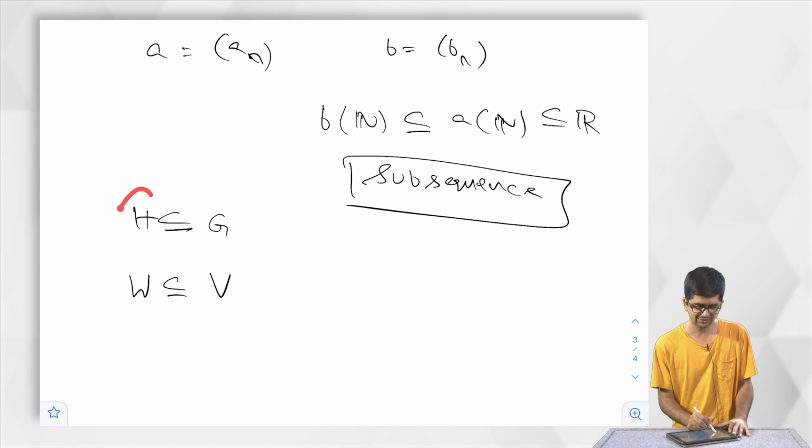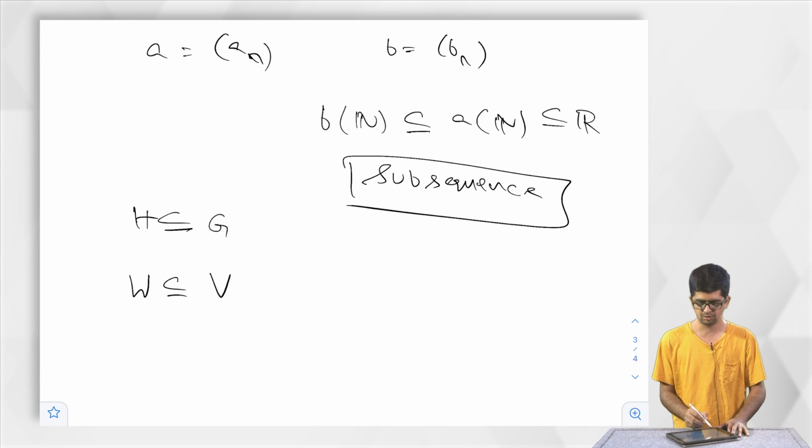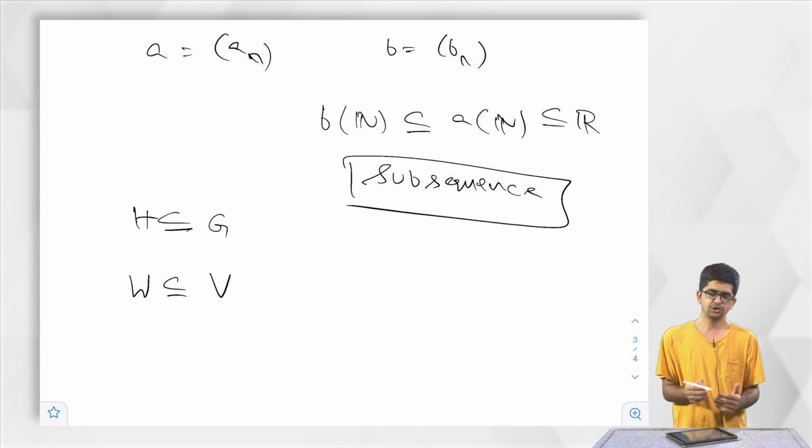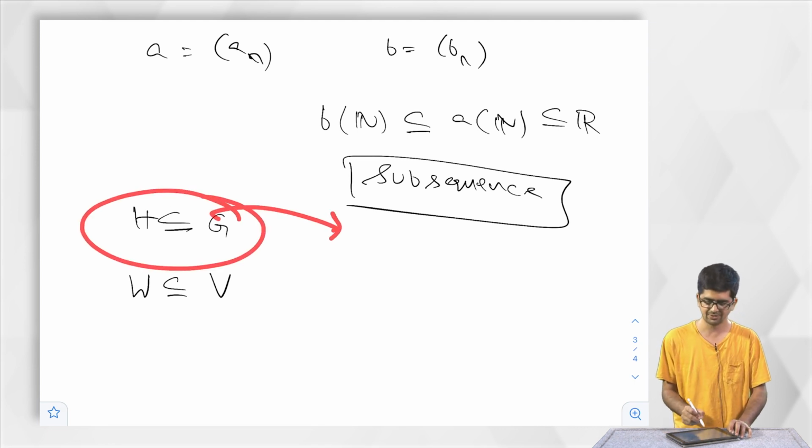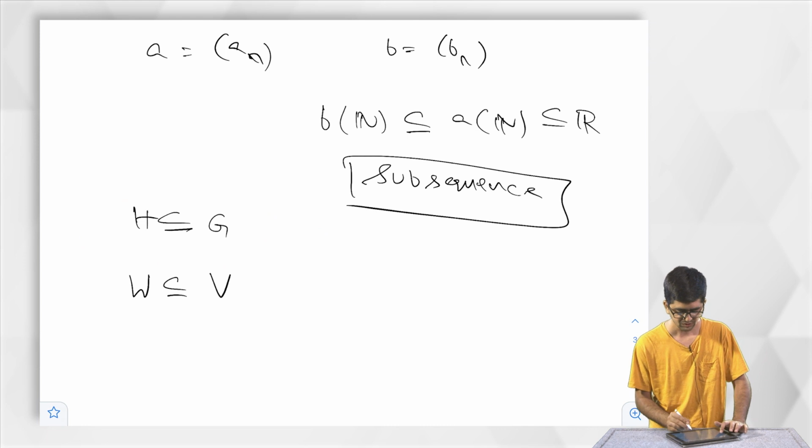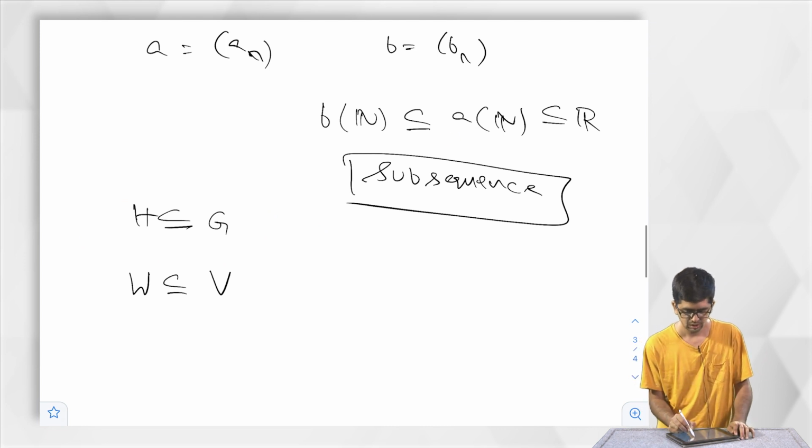Now, this is not just a subset, subgroup. If you already know, subgroup is not just a subset, it satisfies some condition. What is the condition? That the structure on H is induced from the structure on G. Let me write down the relevant part in case of subsequences. So what do we have here now?